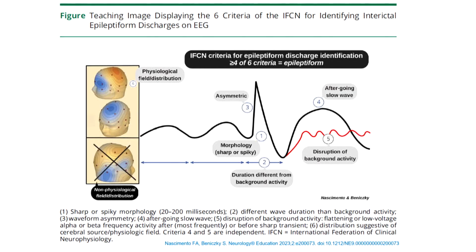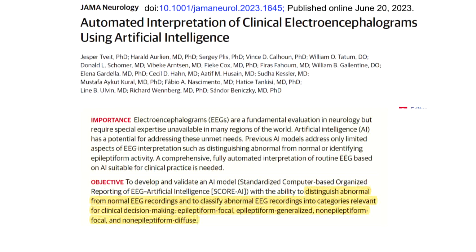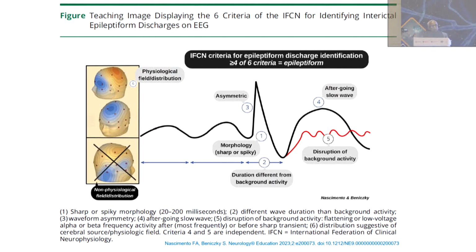Last but not the least, there should be a field. In the absence of a physiological field, it has to be concluded as an artifact. So all the beginners, whenever you see a sharp transient, should go through all the 6 points, and for you to conclude it unequivocally, 4 out of the 6 should be present.